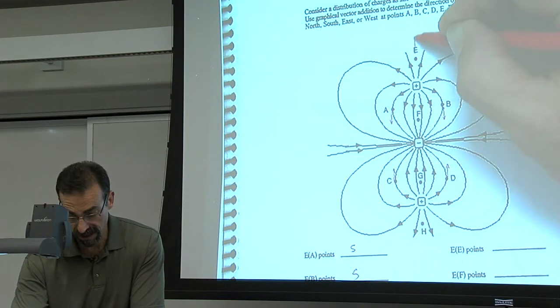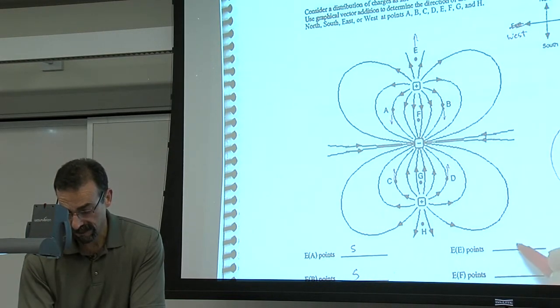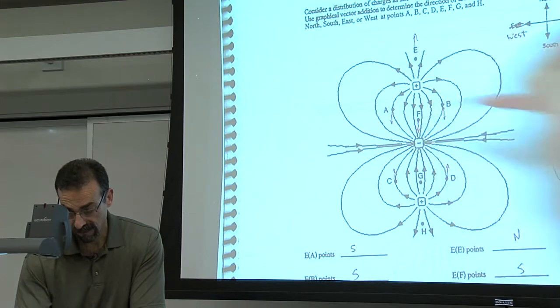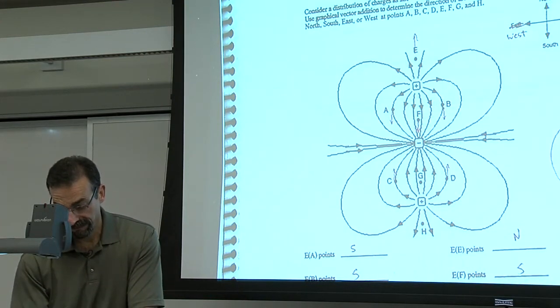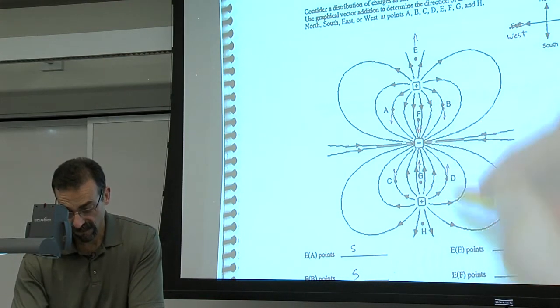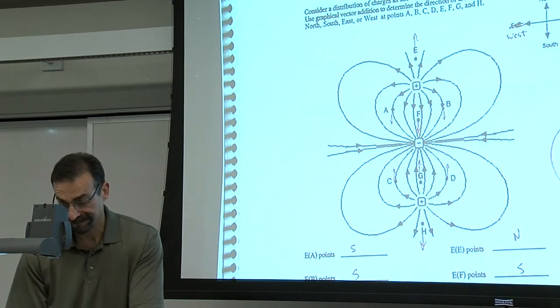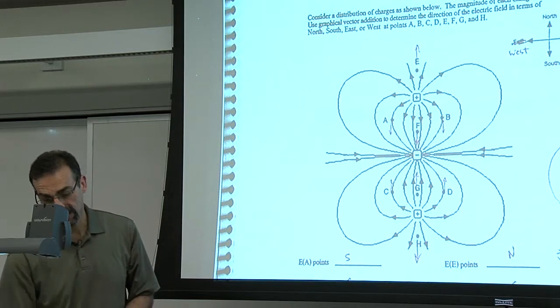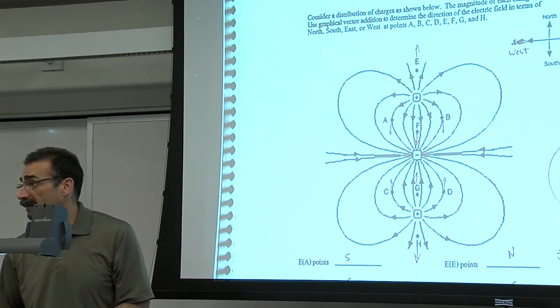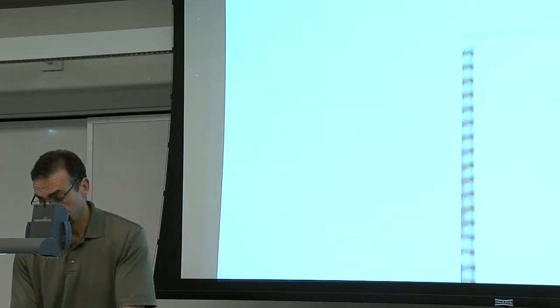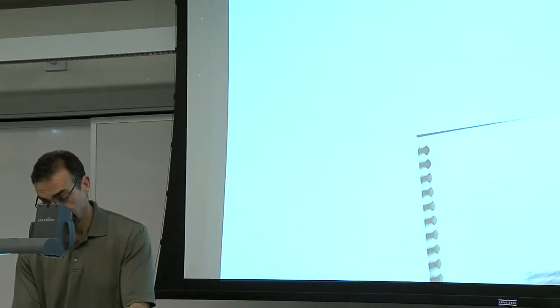So it's going sort of straight out, right? What is that? North. F. G. And H. Okay. So far, so good. Let's turn it over.